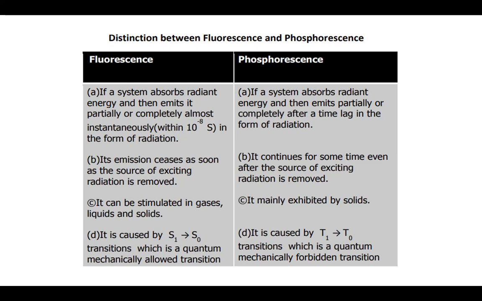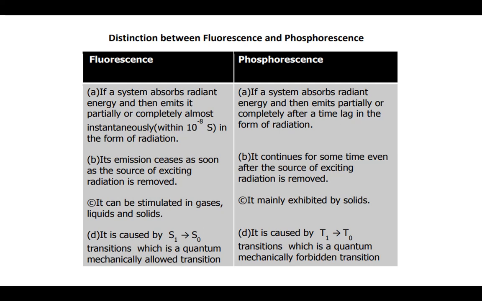Its emission ceases as soon as the source of exciting radiation is removed. It can be simulated in liquids, gases, and solids. It is caused by transition from S1 to S0, which is a quantum mechanically allowed transition.